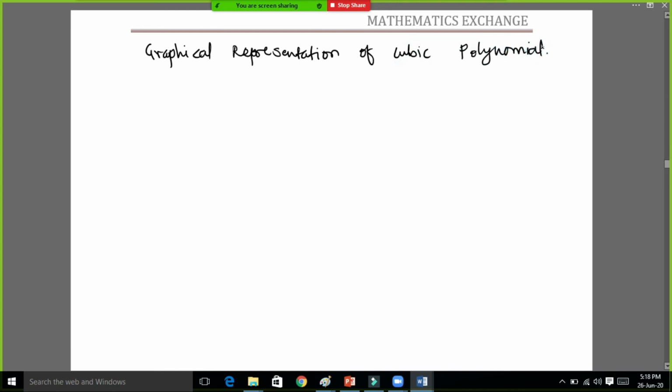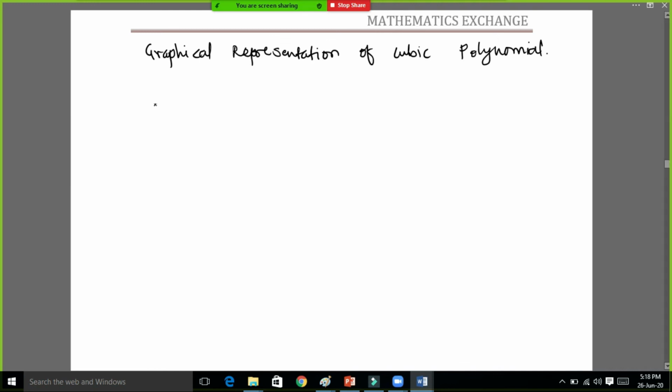The basic concept we learned is that whenever any curve touches or intersects the x-axis at a number of points, that number represents the number of zeros of the given polynomial. So obviously in a cubic polynomial, the graph intersects the x-axis at 3 points. That means it has 3 zeros.